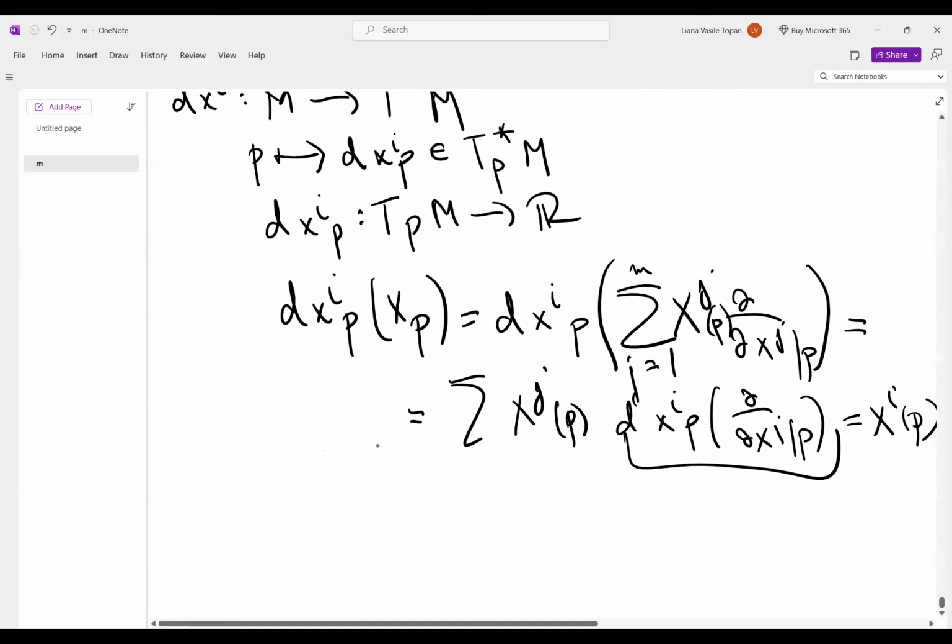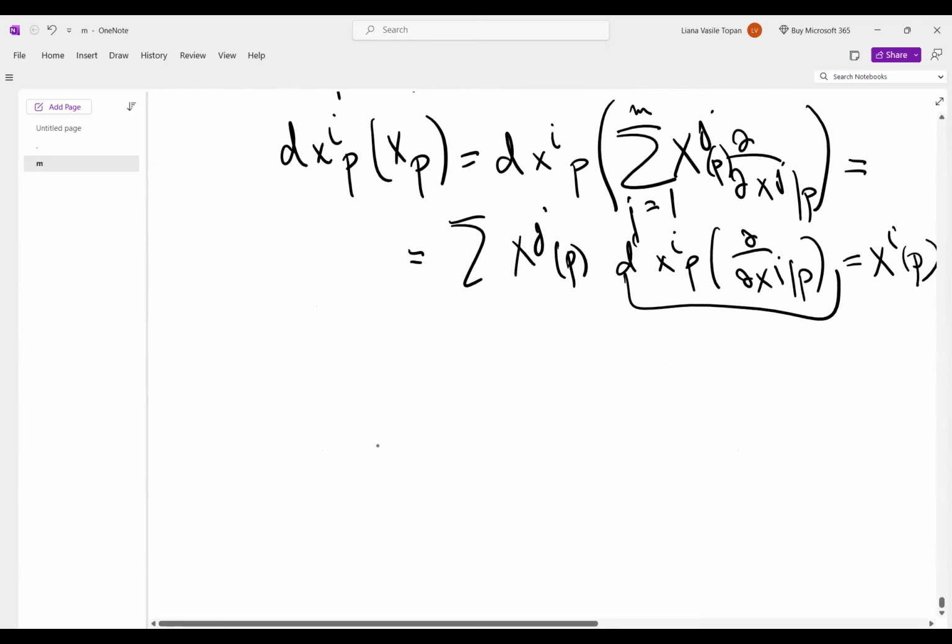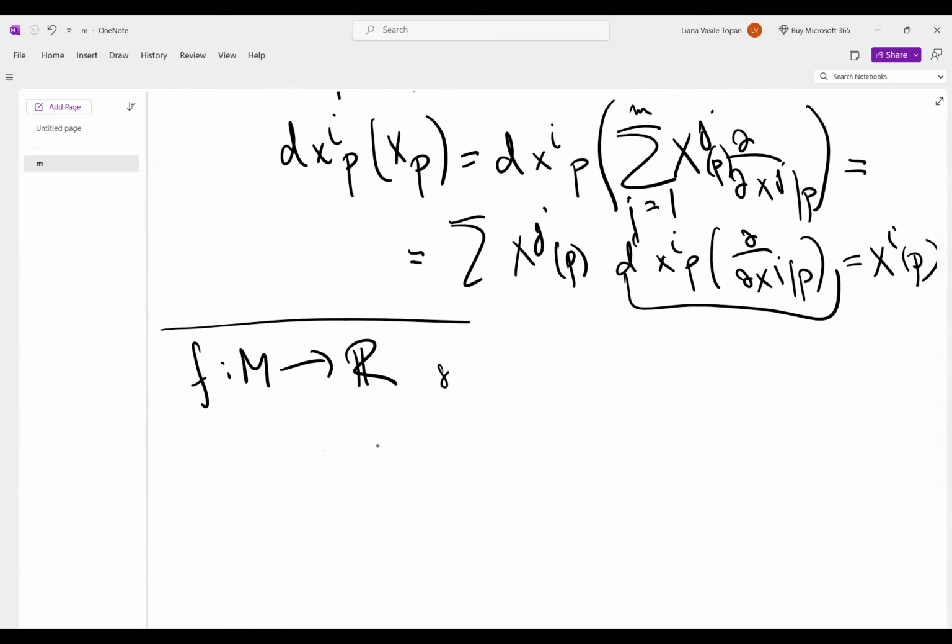Okay, so in fact, what we mean by this is that if f is a smooth function defined from M into R, then the differential is a one form.